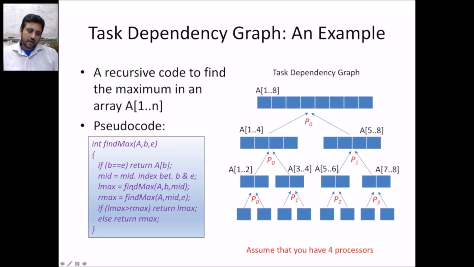And if you record the respective max values coming from these two recursive calls, and compare them and update the max, we will correspondingly report or output that max.